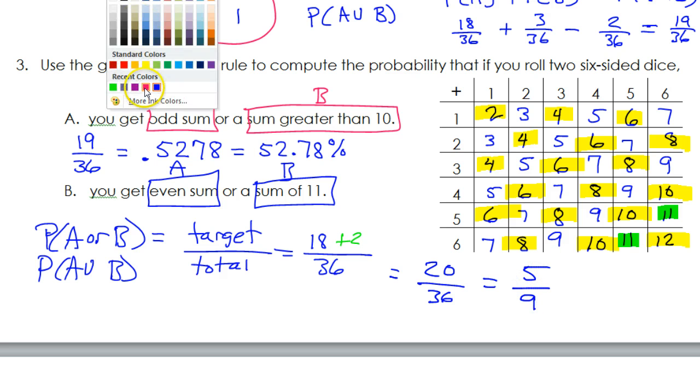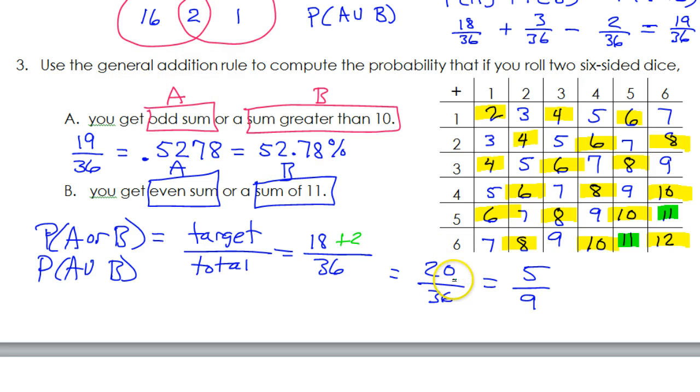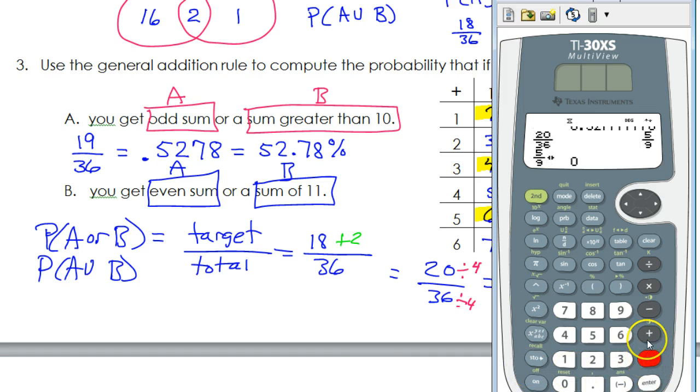Now, if you did not have a calculator, or if you wanted to use your brain, you could recognize that both of these are divisible by 4. So divide by 4, divide by 4. That's 5/9. So that's going to be the answer. We could express this as a decimal: 0.5556, got to round up.